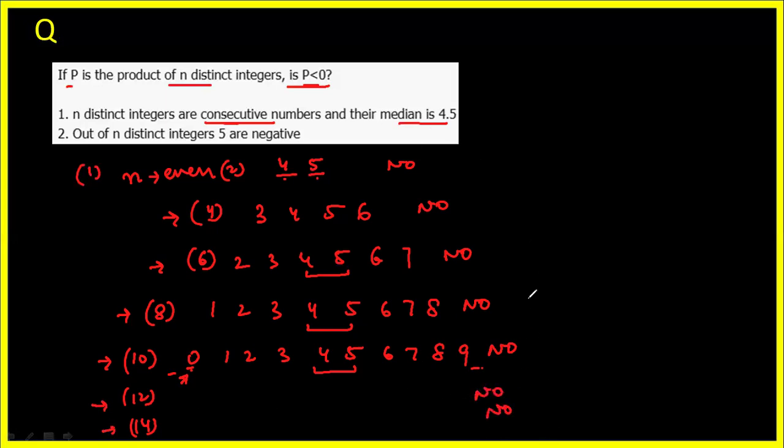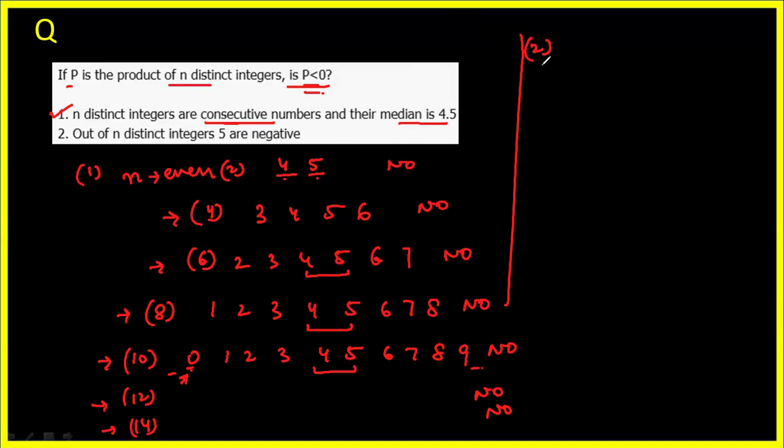It would always be no. So we are getting a definite answer to the question: is P less than 0, no. From statement 1, that means we are getting an answer to the question. Got this point very clearly, right? Why is it no? Every possible case gives an answer of no. Therefore, this statement alone is sufficient to answer the question.